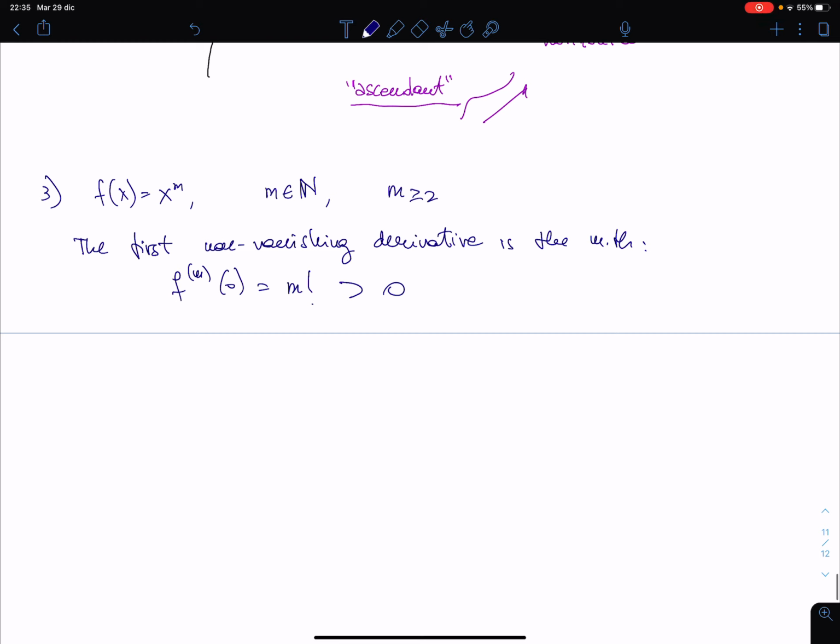So if m is even, we have that 0 is a strict local minimum point.